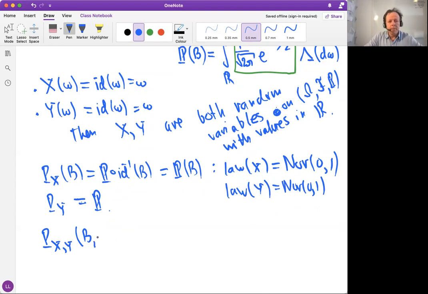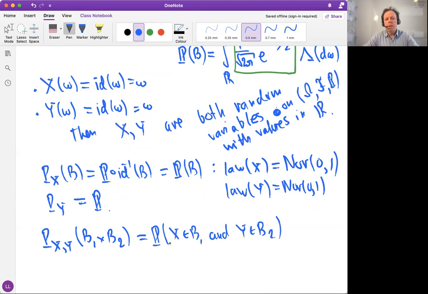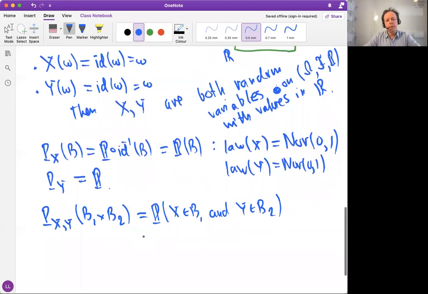Let's see, if we take a rectangle, then you could say it's the probability that X is in B1 and Y is in B2. But now X and Y are defined to be precisely the same omega. So it means actually that it's the probability that X is in B1 and X is in B2 as well.